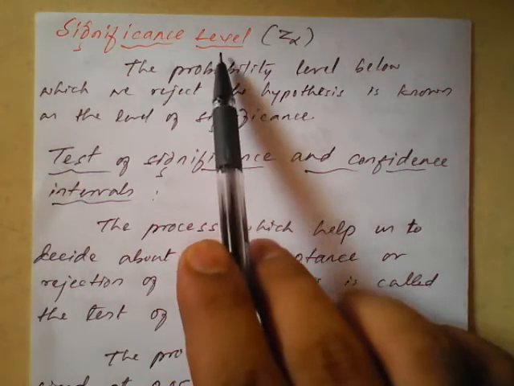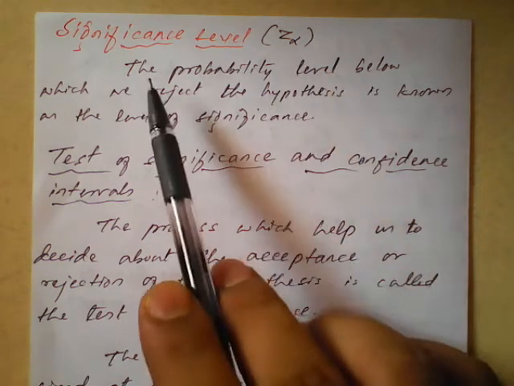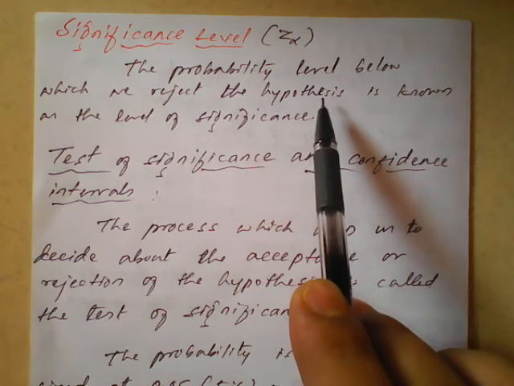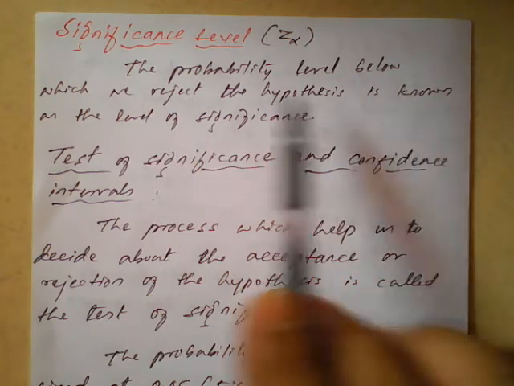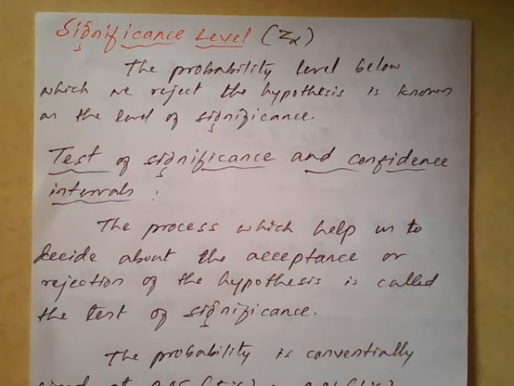Now, the significance level, which is denoted by Z alpha, is the probability level below which we reject the hypothesis, known as the level of significance. Level of significance means a fixed point, one of the values.